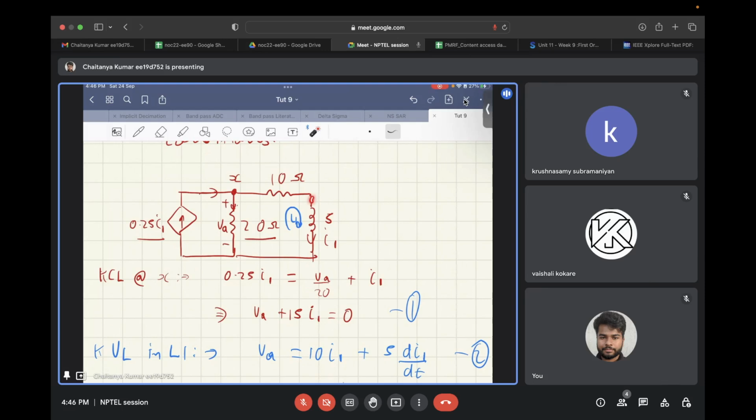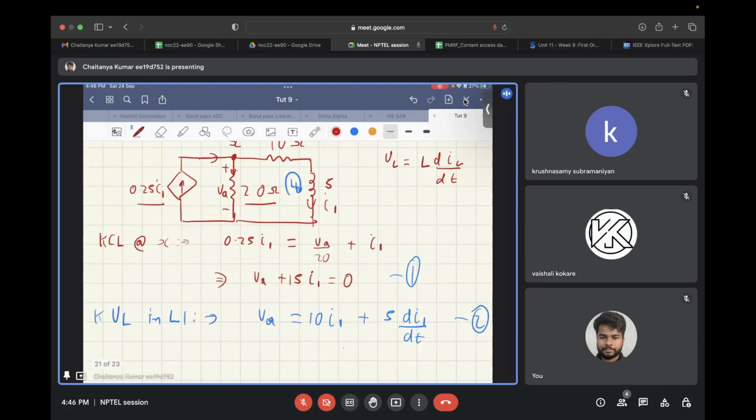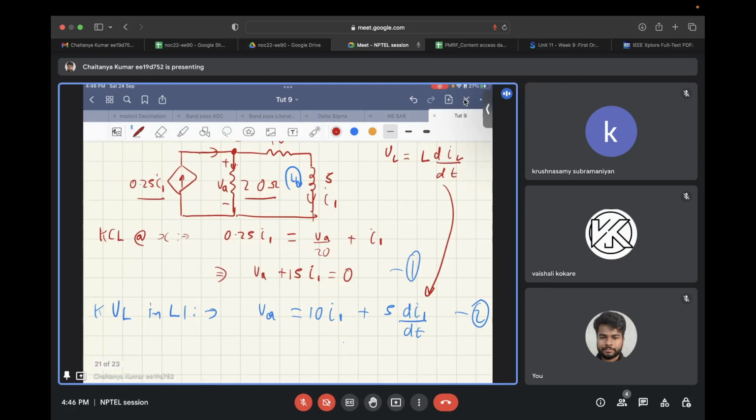The voltage across the inductor, through the inductor's current-voltage equation, is VL equal to L dI1 by dt, and substituting the given inductance value, you have 5 times dI1 by dt. So this is the second equation.